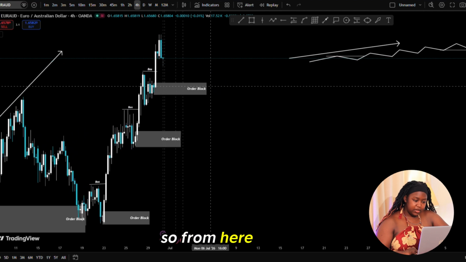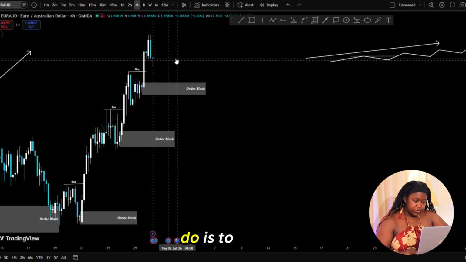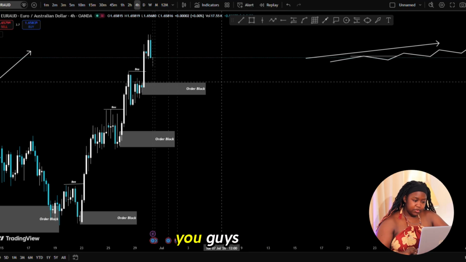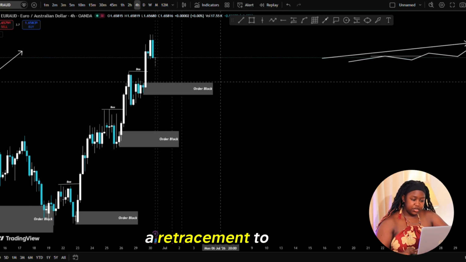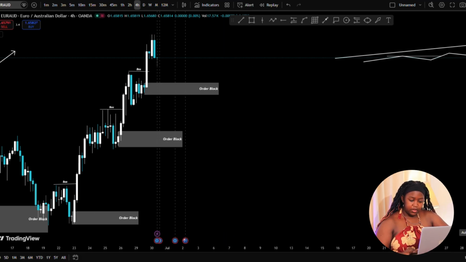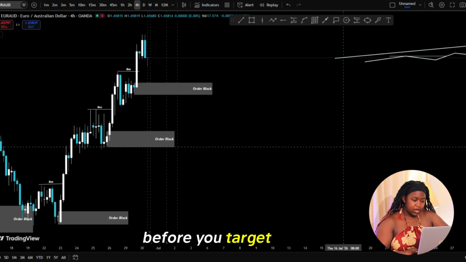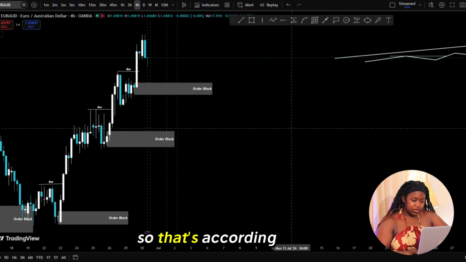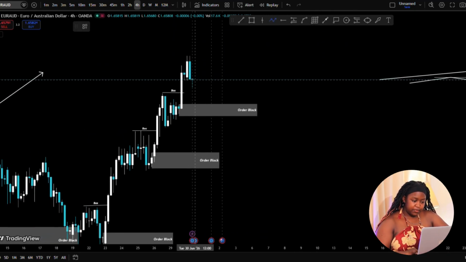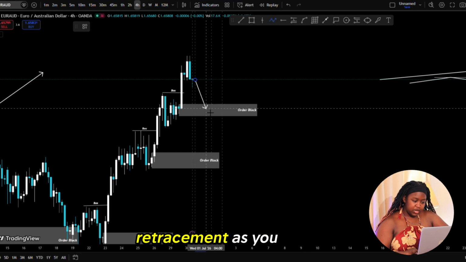So from here, what you can do is to wait for a retracement here. As I've told you guys, always wait for a retracement to your key level before you target buys or sells. So that's according to market trend. So from here, we have to wait for a retracement. As you can see, price is still moving.